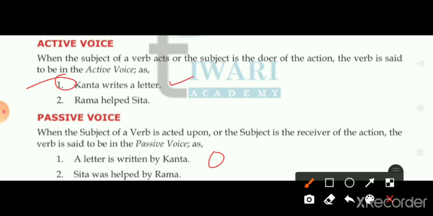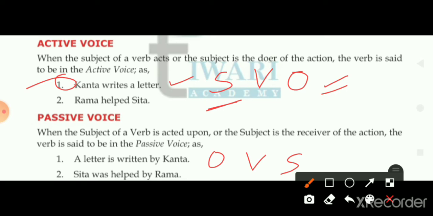After the object, we write the verb, and then we mention the subject. In active voice, the first thing that comes is the subject, then the verb, and at last the object, which shows you that the subject is the doer of the action.